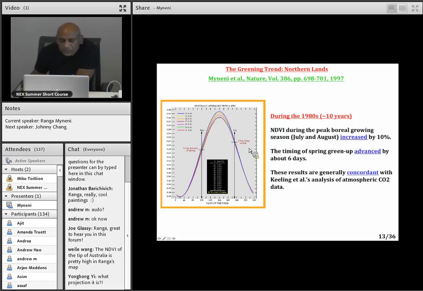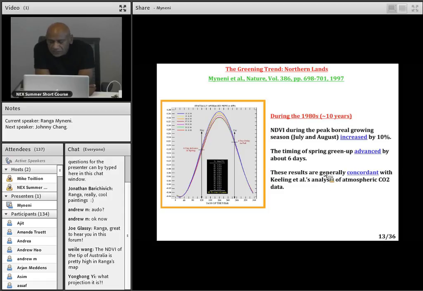Do the same thing in autumn, and you can see a lengthening of growing season. I would not particularly say that this is a very accurate analysis, but nevertheless, it was the best we could do given our limitations. But generally, the results are concordant with Keeling's analysis of atmospheric CO2 data.